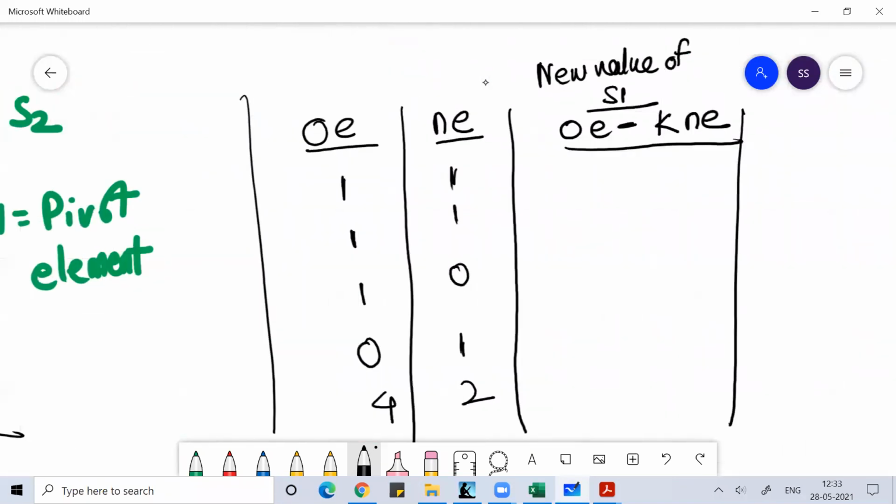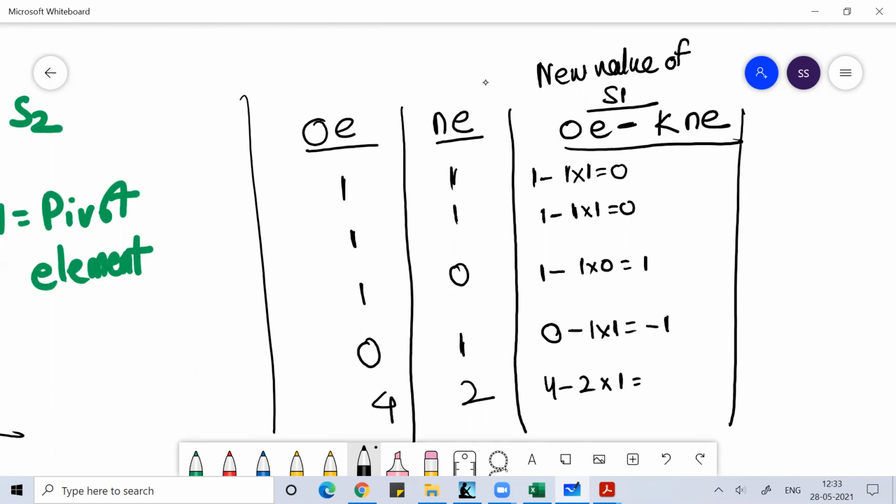So 1 minus 1 into 1 is 0. 1 minus 1 into 1 is 0. 1 minus 1 into 0 is 1. 0 minus 1 into 1 is minus 1. Then 4 minus 2 into 1 is 2.